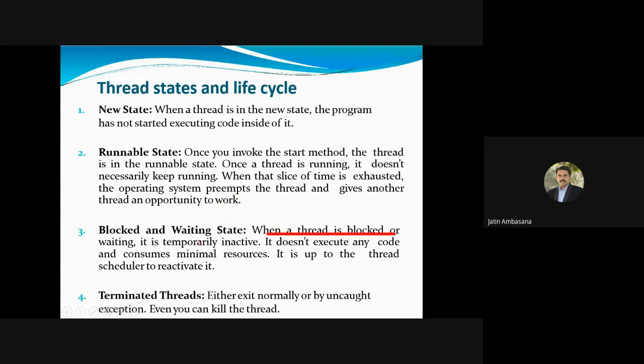When the thread is blocked or waiting, it is temporarily inactive. It doesn't execute any code and consumes minimal resources. Memory is not used so much, and processing also is not done. So it is up to the thread scheduler to reactivate it, and this thread scheduler is handled by the JVM.